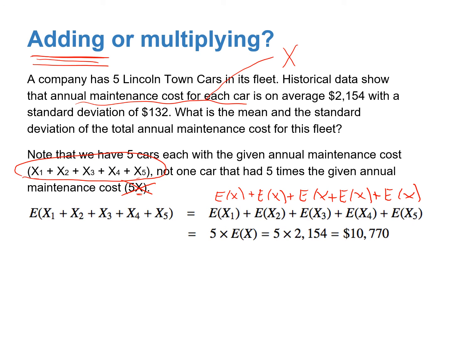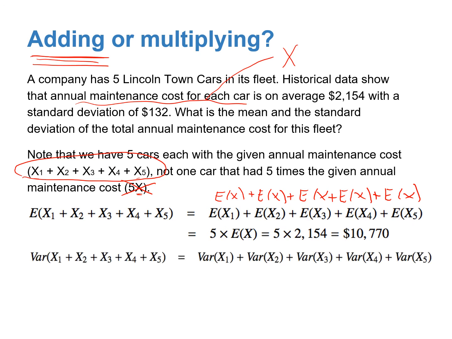Note that when we want to find the variance of this sum, we then take the sum of the variances, which gives us 5 times the variance of a single car. Since I was given the standard deviation of 132, I have to square that to get the variance for an individual car cost.